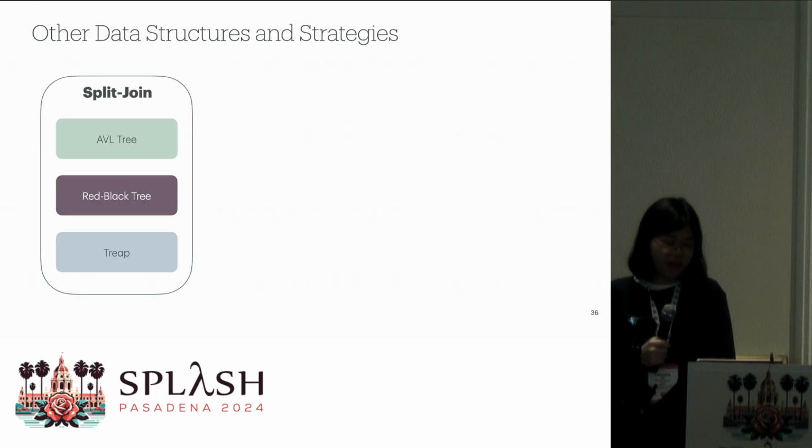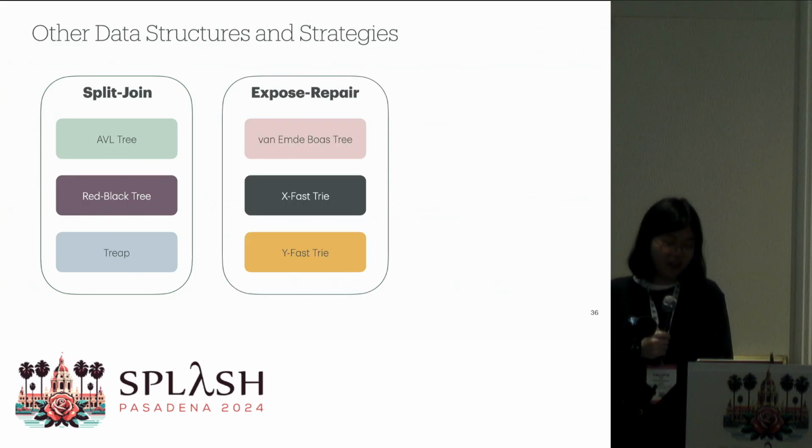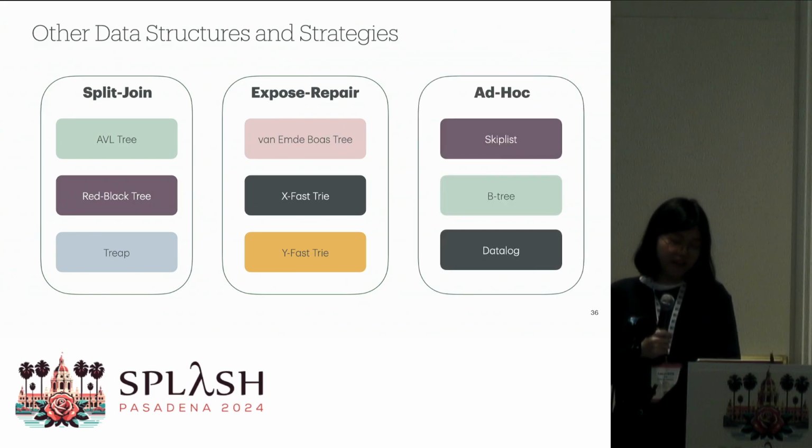For split join, we also have the AVL tree and the treap. And of course, split join is also not the only batching strategy that we have. We have another strategy or pattern called expose repair, which covers some other search structures like the Van Emde Boas tree, the X-Fast trie, and the Y-Fast trie. And finally, we have some data structures that don't fit nicely into either strategy and were implemented in an ad hoc manner directly on top of the batching interface.